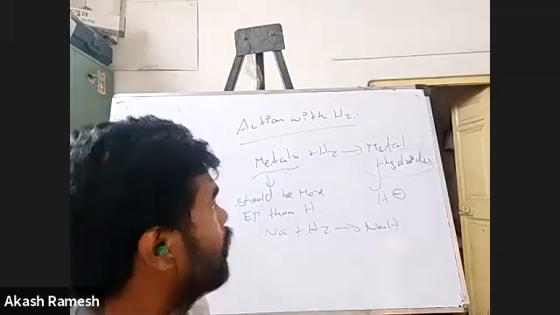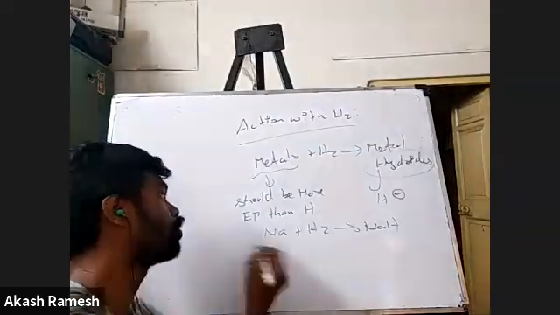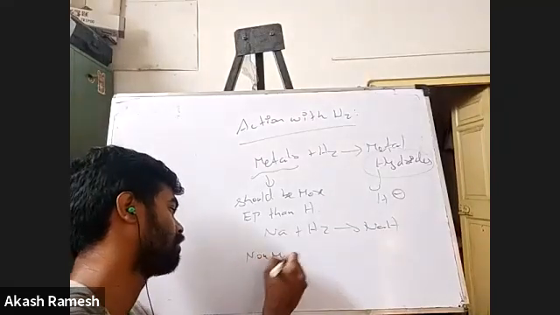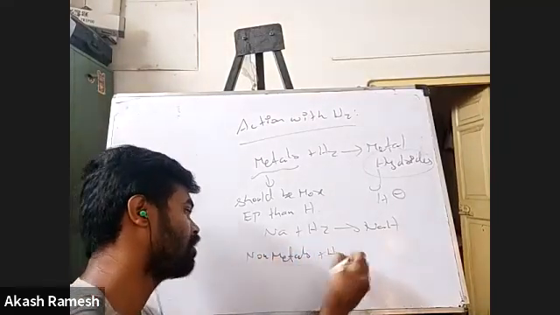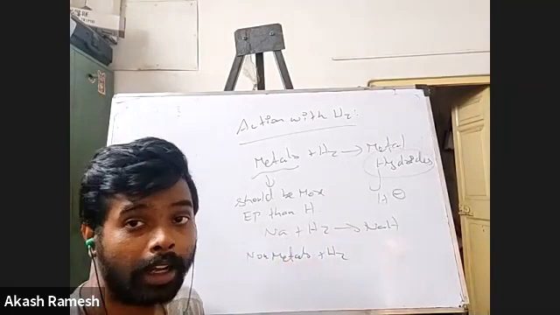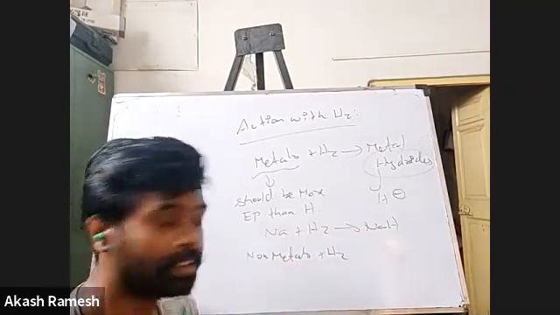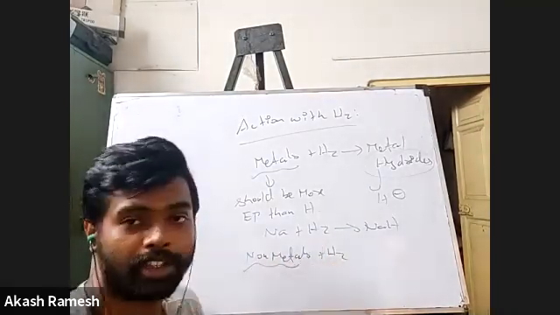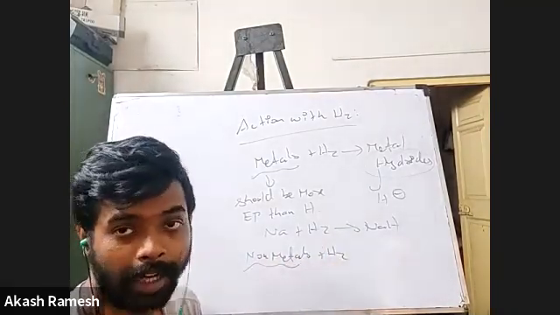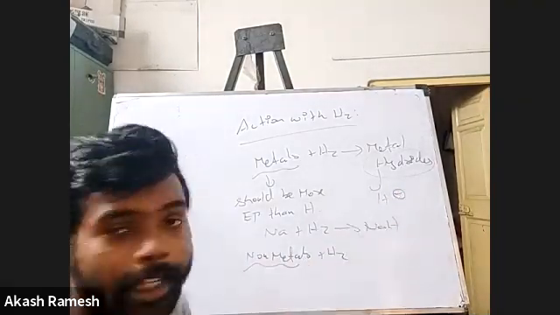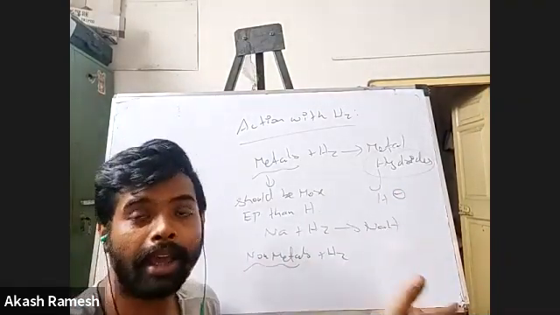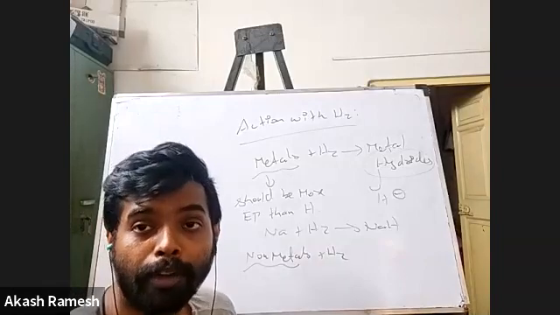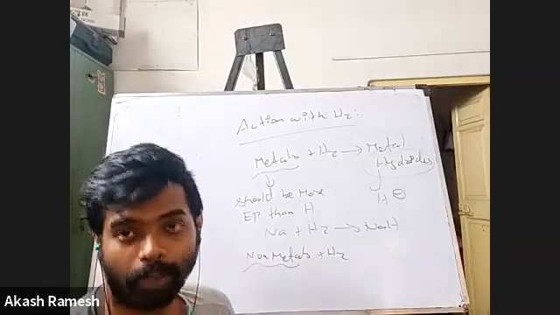Now when I go to non-metals reacting with hydrogen, what you have to understand is that non-metals are actually more electronegative than hydrogen. They're not electropositive. Here with metals you see hydrogen forming H minus, but with non-metals hydrogen will be in the form of H plus. Why?